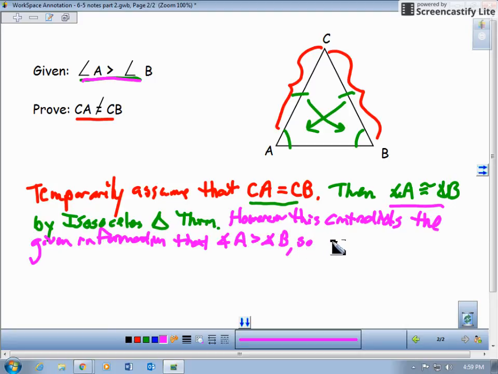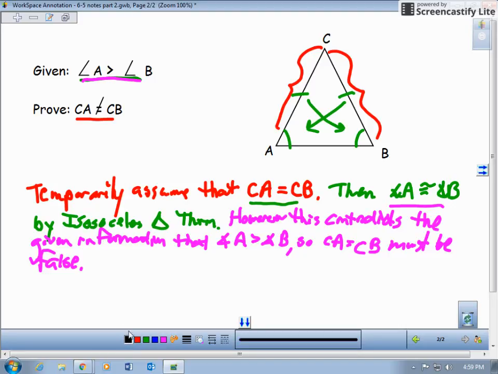So CA equal to CB must be false. Once again, guys, kind of formulaic. I'm stating my contradiction with the given and saying that that makes that assumption false.